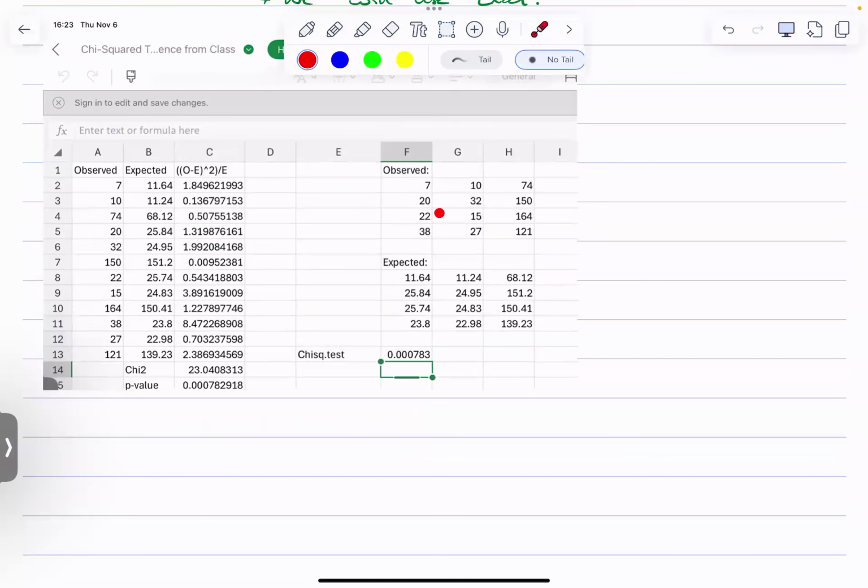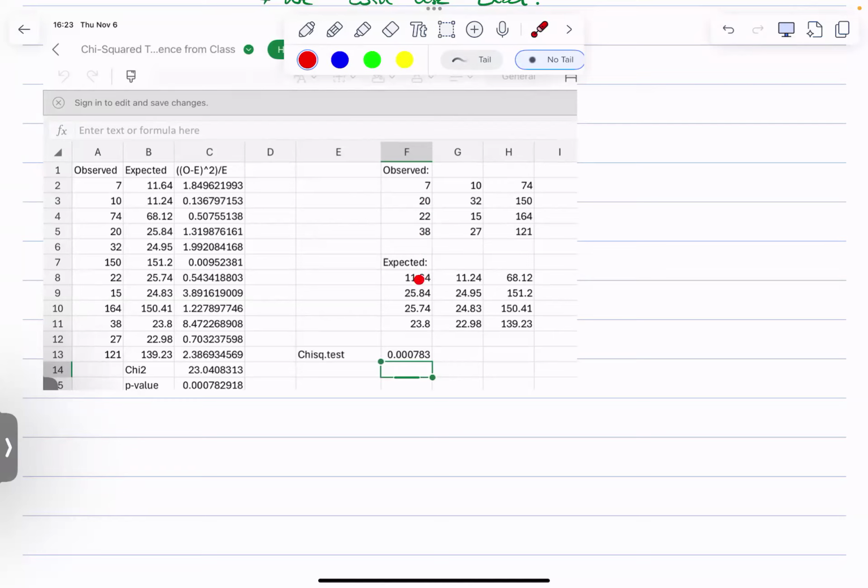I'll start us off over here. These are the observed counts that we were given, right? And down below, in the same format, right, matching format, I have the expected counts.